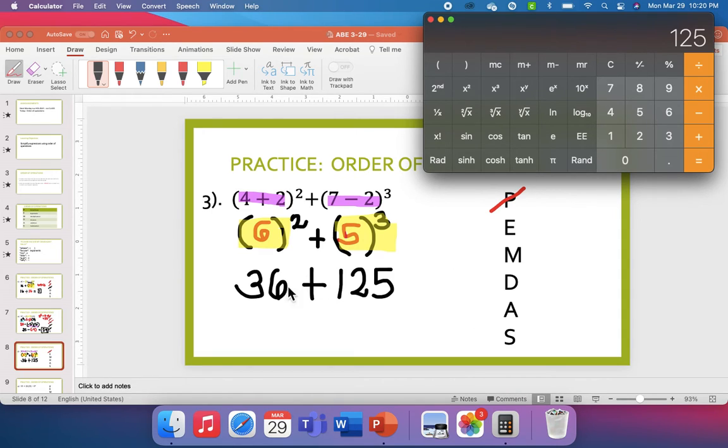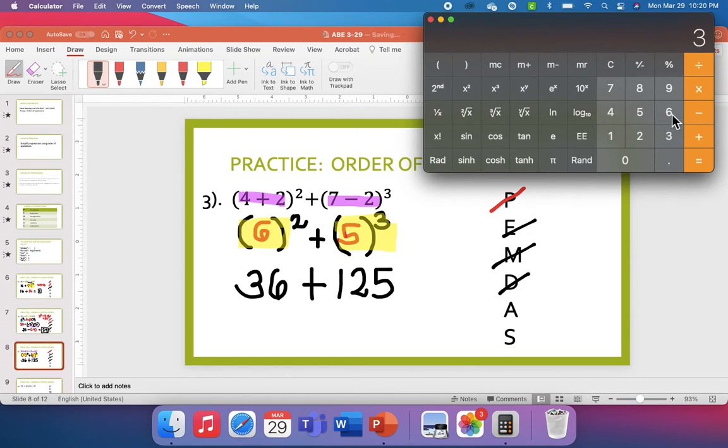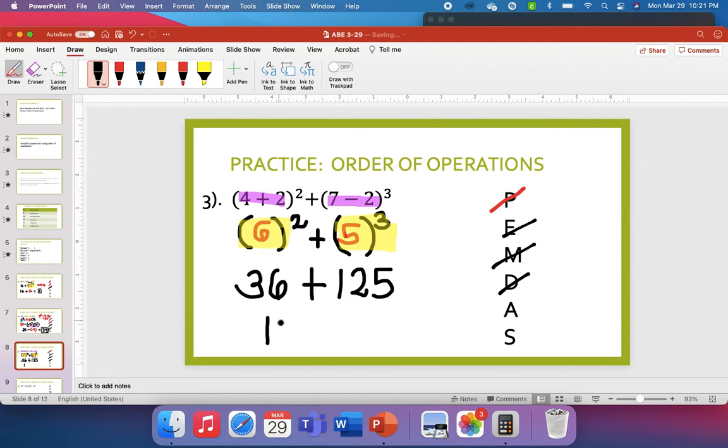All right, next I'm just going to simplify across. There's no multiplication or division that I need to work with. So I'm going to go ahead and just add, because that's the last thing that I need to do. So again, just punching numbers into my calculator, 36 plus 125 equals 161, and that's my final answer.